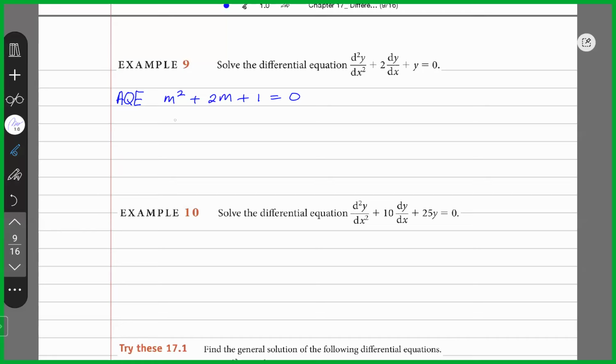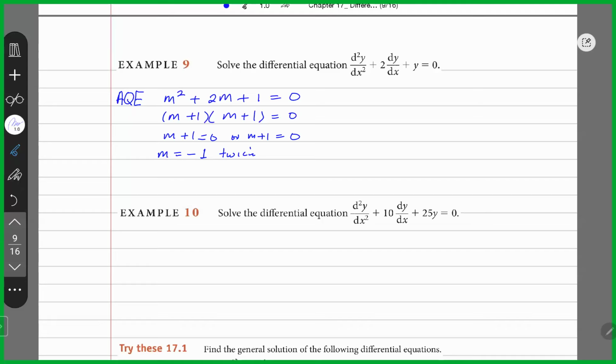Now, if we factorize this, we end up with m plus 1 multiplied by m plus 1 is equal to 0. So m plus 1 is equal to 0, or m plus 1 is equal to 0. So m is equal to minus 1 twice.